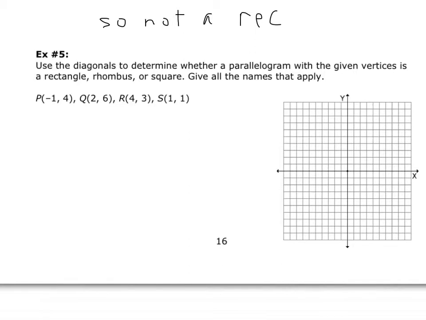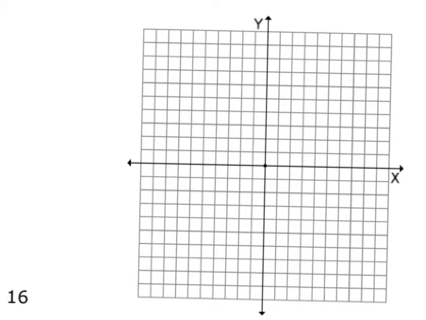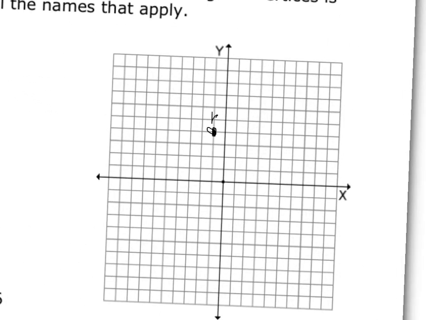So the first thing you want to do is go ahead and plot your points. We have -1, 4. -1, 4 is right here, and that is P. We have 2, 6. 1, 2, 1, 2, 3, 4, 5, 6.